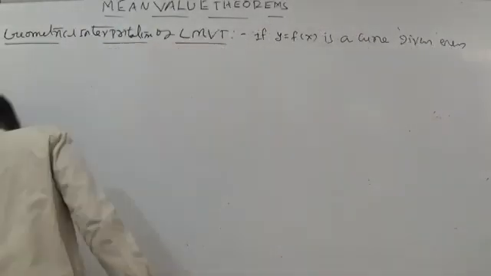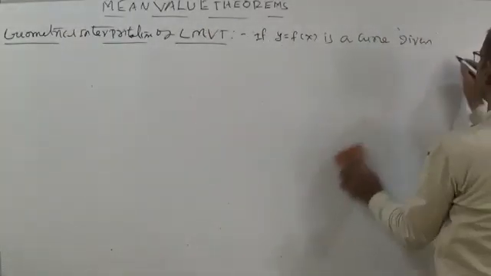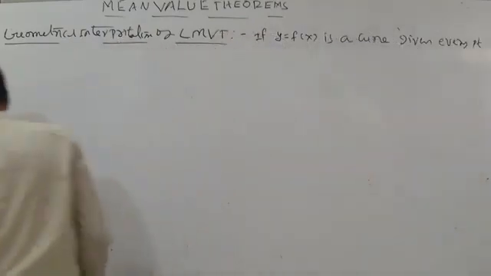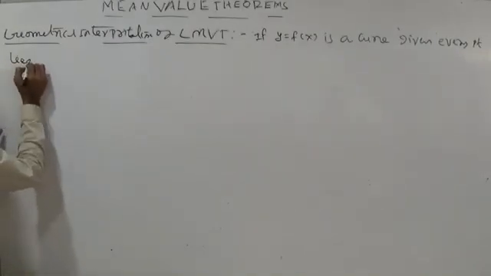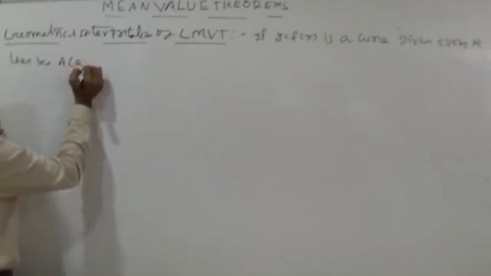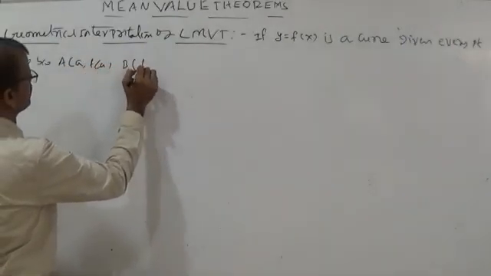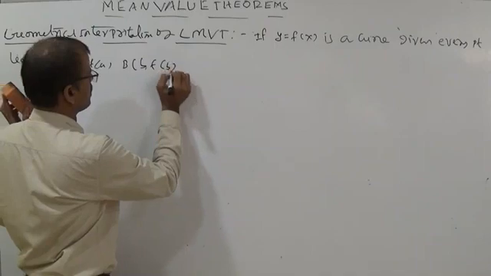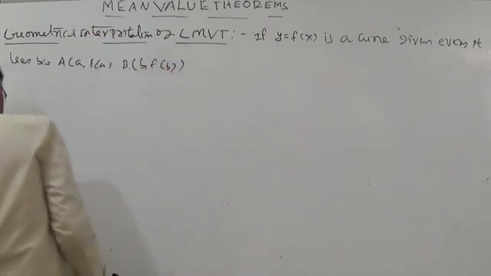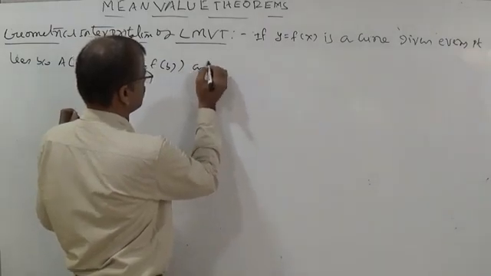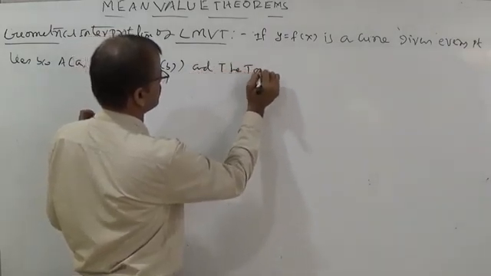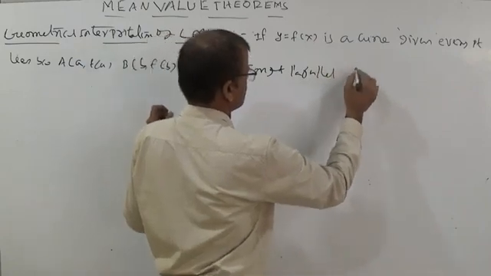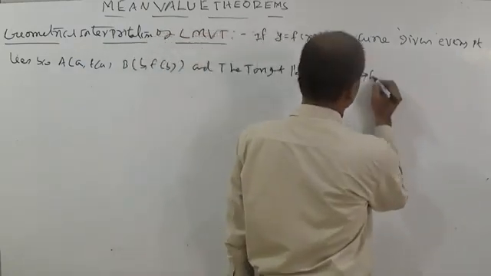Y is equal to f of x, curve given, every point lies, I mean in a continuous way, between capital A, f of A, and capital B, f of B, that is A comma f of A and B comma f of B, and the tangent is parallel to the secant of the curve.